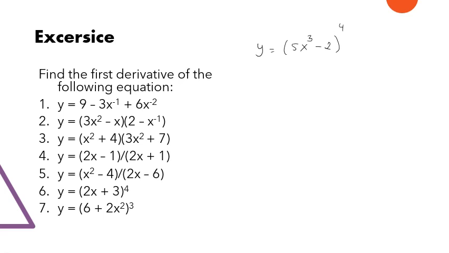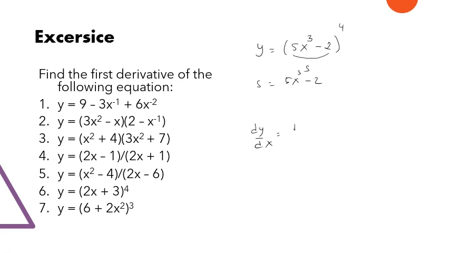Now how to work on this? Say that this is an s, so I have a function of s, 5x^3 minus 2. Okay, now we want to find what the dy/dx is.